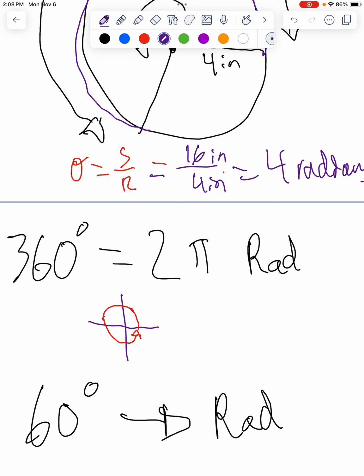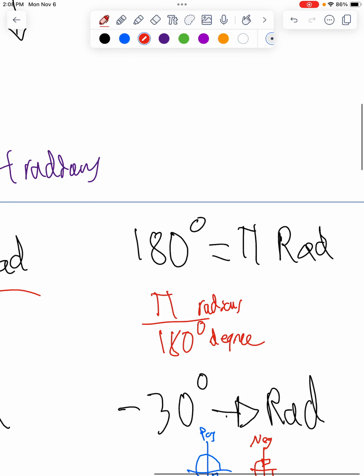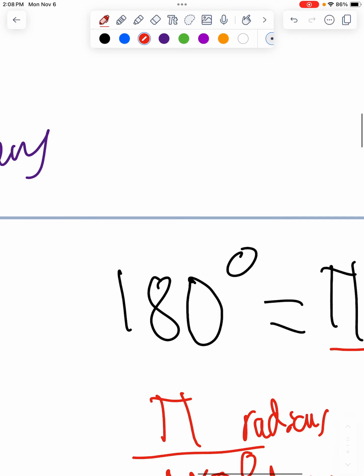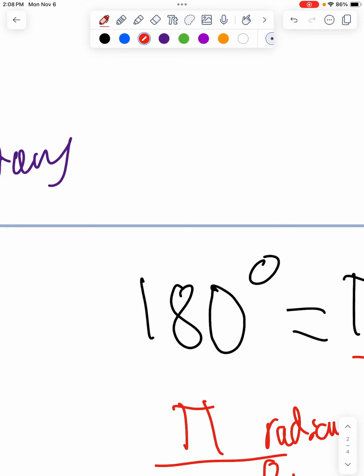360 degrees is all the way around my circle. The equivalent is 2 pi radians. So 2 pi radians is all the way around the circle, 360 degrees. Similarly, if I divide that by 2, then 1 pi radian is equal to 180 degrees.